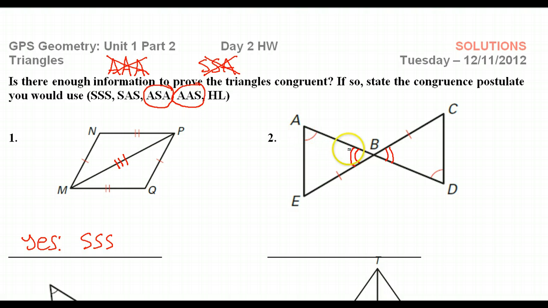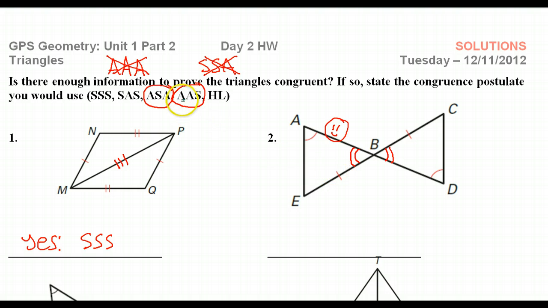So looking at this picture, I have these two angles. See how these angles are right next to each other? This smiley face represents the side that would be in the middle, right between these angles. But that's not the side that we're given. The side that we're given is not between the two angles. So I have two angles and then what they call the non-included side, the side that's not in the middle.